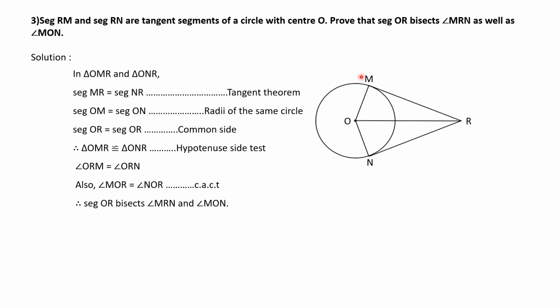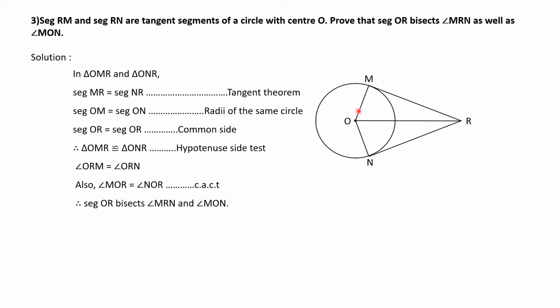So in triangle OMR and triangle ONR, seg MR and seg NR are the tangents of the circle and tangents are equal because of the tangent theorem. Seg OM congruent seg ON, radii of the same circle. Seg OR congruent seg OR, common side.